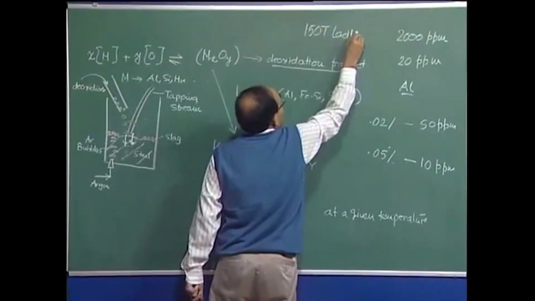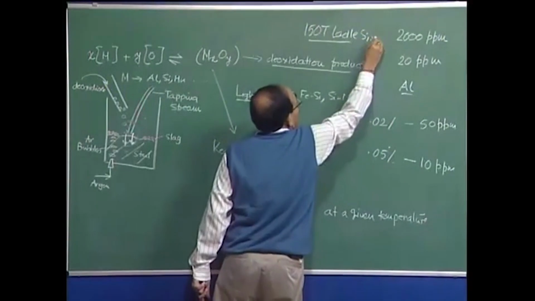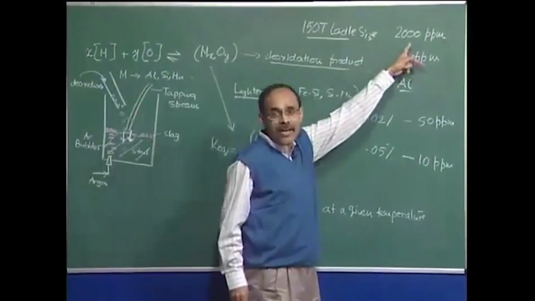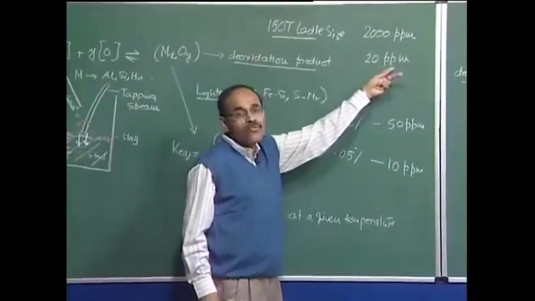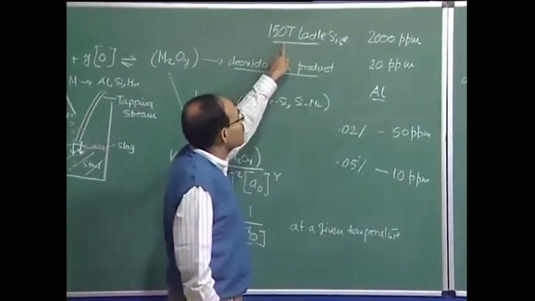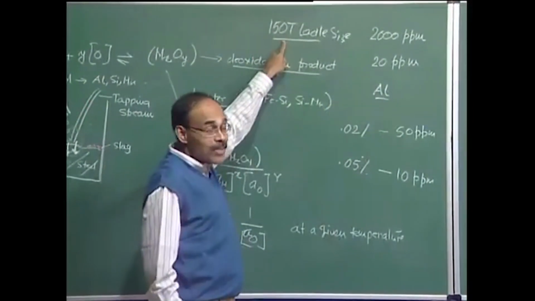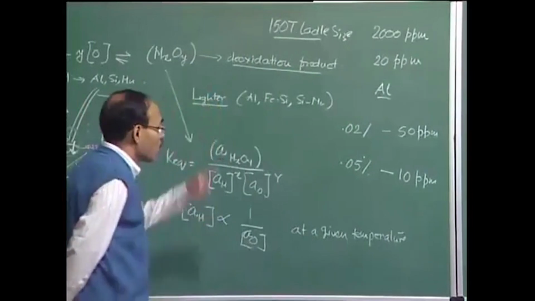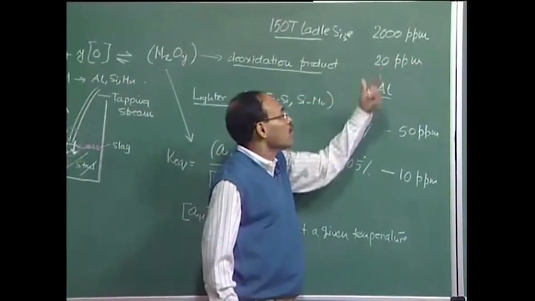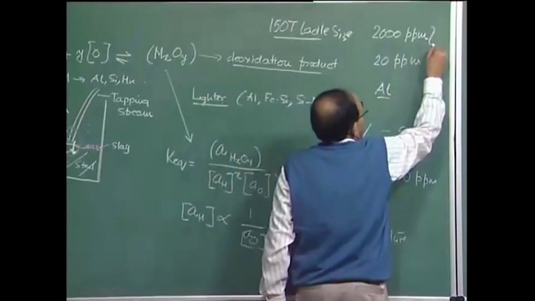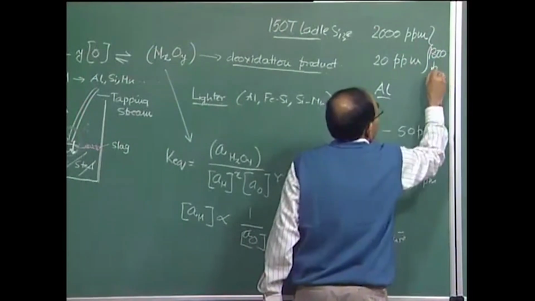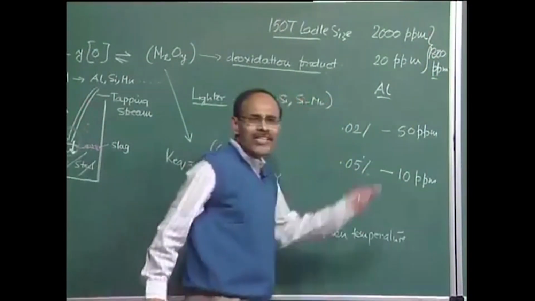The initial oxygen from the basic oxygen furnace is 2000 ppm, the final oxygen is 20 ppm, and I wish to add aluminium in that 150 ton ladle. I want to know how much aluminium I should be adding in order to achieve a net reduction of 1800 ppm of oxygen. So how do you do this kind of calculation?